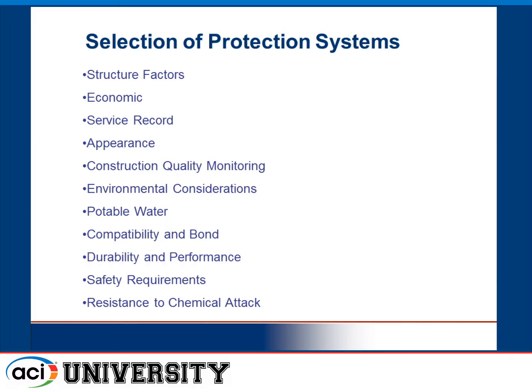There may be restrictions. There may be locations where maybe confined space, and some of these surface treatments may contain VOCs, volatile organic compounds, which may be concerns, safety concerns. In addition to that, we need to consider the life cycle of some of the solutions that are being considered, and that speaks to the economic considerations.